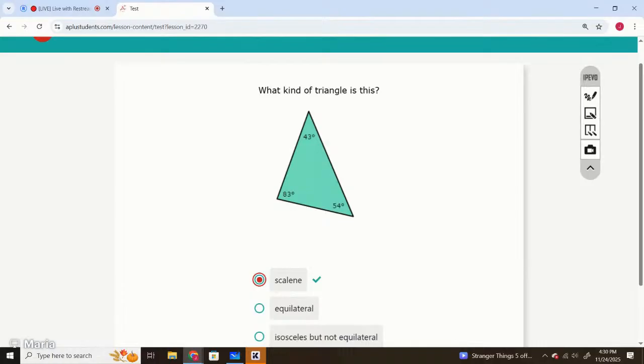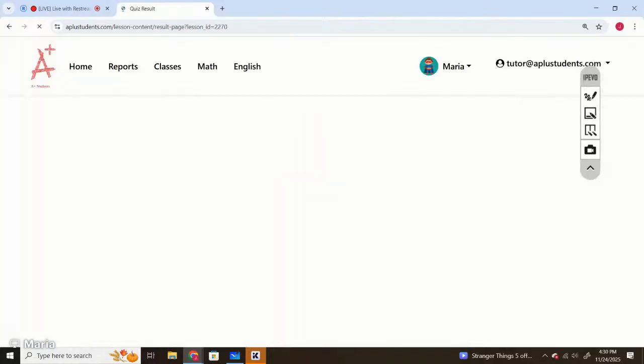All the angles are different in measurement, so scalene it is.